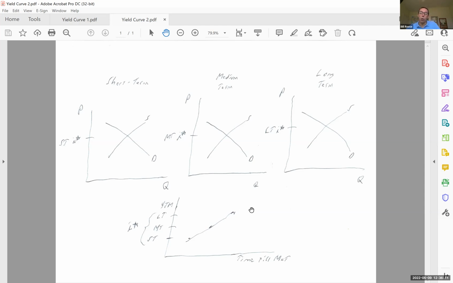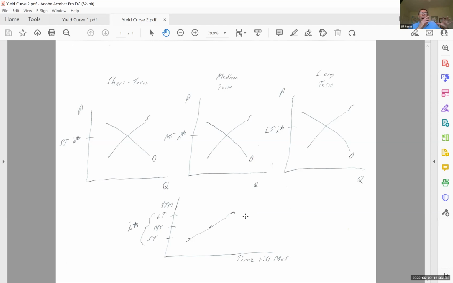And here's long-term in terms of time to maturity, and here's my long-term equilibrium interest rate. So an upward sloping yield curve means there's a greater supply of short-term money and a greater demand for long-term money. And the reverse would be true if you've got a downward sloping yield curve.